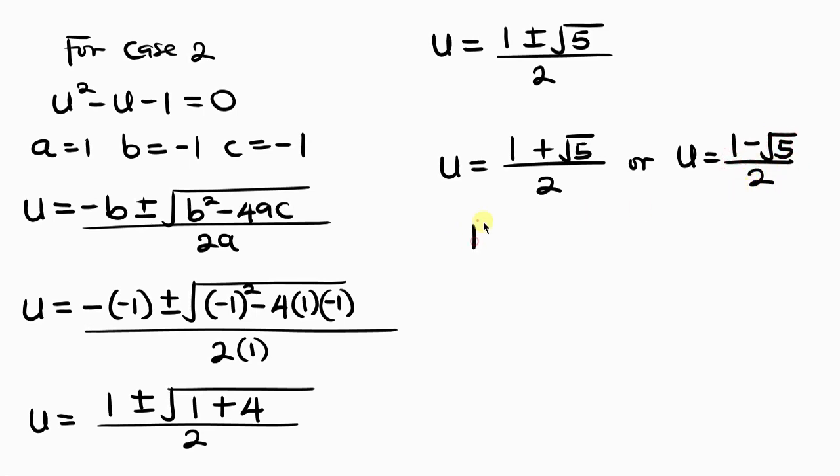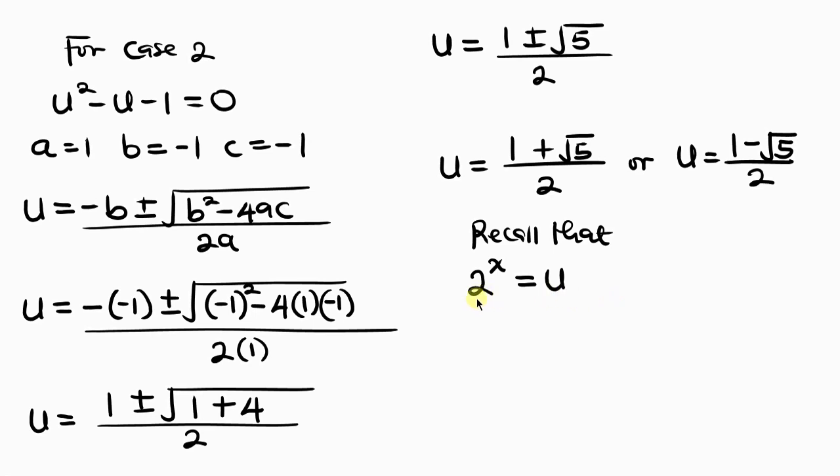But let's recall, remember we are looking for the value of x. So recall that we said 2 to the x is equal to u. So I'm going to be putting these values of u here, but before I do that, I'm going to be solving this separately so I can put the value of u later.